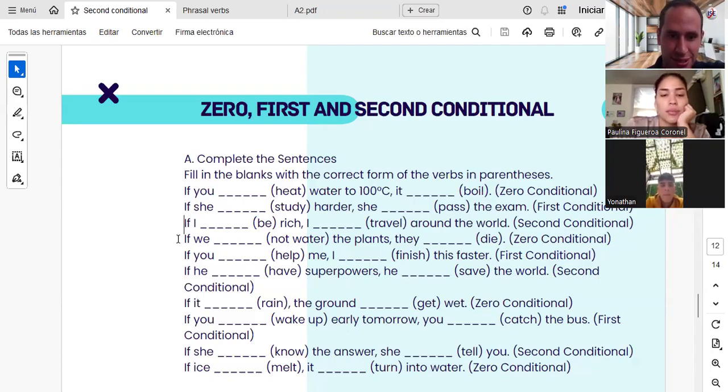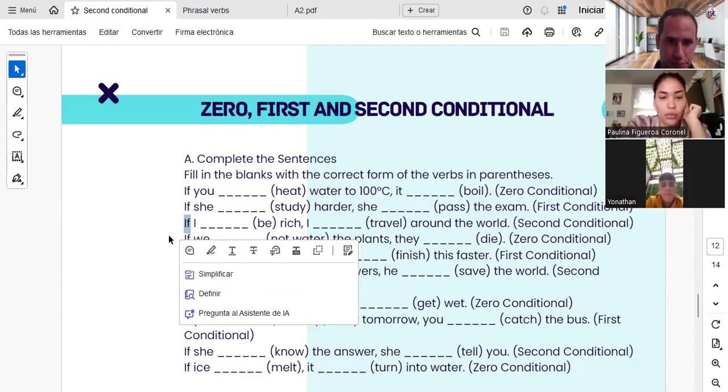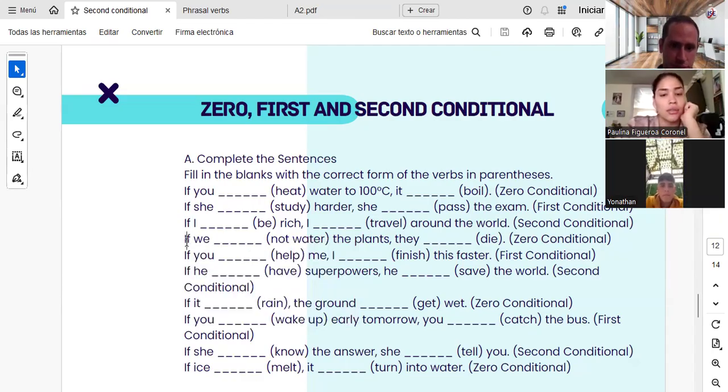Zero conditional. If we don't water the plants, they die, right? Awesome. Well done. Easy, Jonathan. Next one, first conditional. If you help me, I will finish this faster.